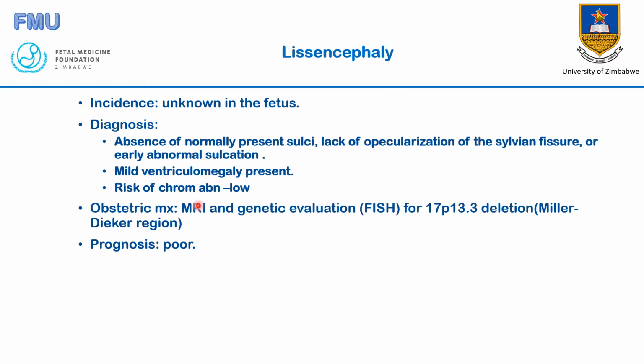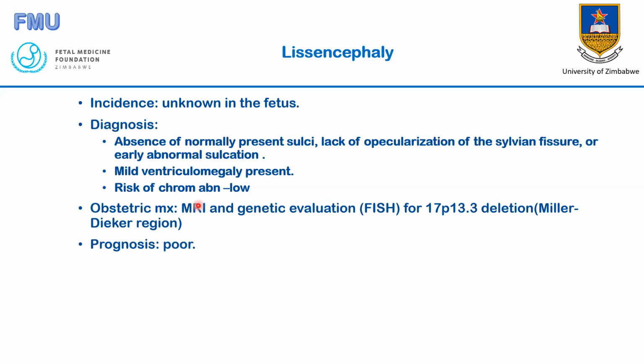If we see the Sylvian fissure developing the way it should and the angle changing the way it should, then you know that normal gyration and sulcation is taking place. But if we don't see the Sylvian fissure, or we see a retarded Sylvian fissure in terms of its development, then we begin to suspect lissencephaly. You will see how lissencephaly heads look.